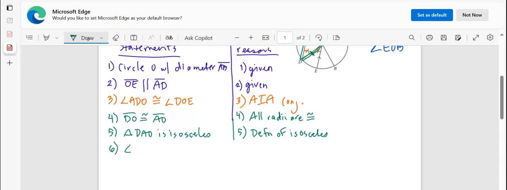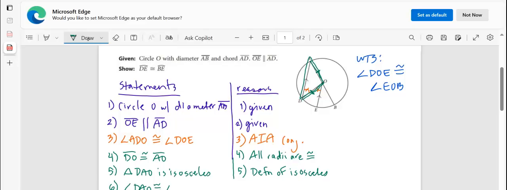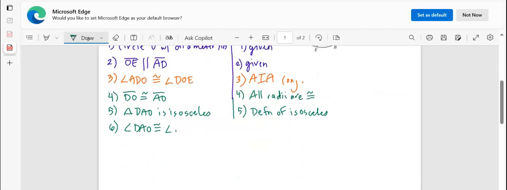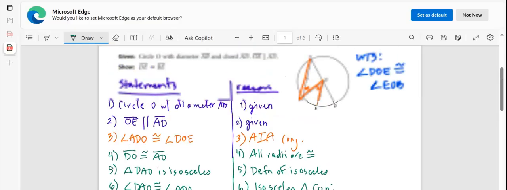So then I'm going to say angle DAO is congruent to angle ADO, and that is the isosceles triangle conjecture, or you could say the base angles are congruent in an isosceles triangle. Okay, here we go. All right, we're doing great.